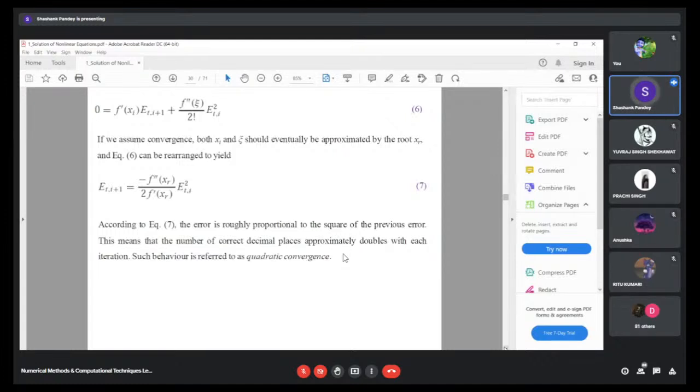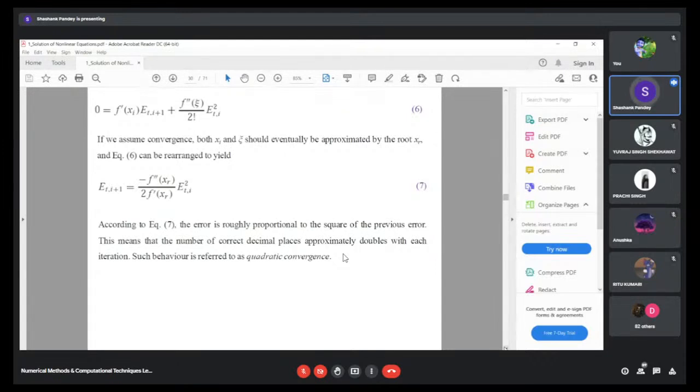Squaring 0.5 gives a much reduced value. This means that the number of correct decimal places approximately doubles with each iteration. That means after every iteration, Newton-Raphson converges much faster, and this is called quadratic convergence.